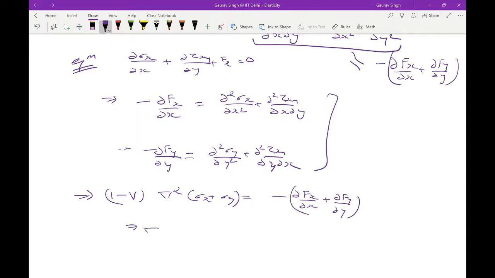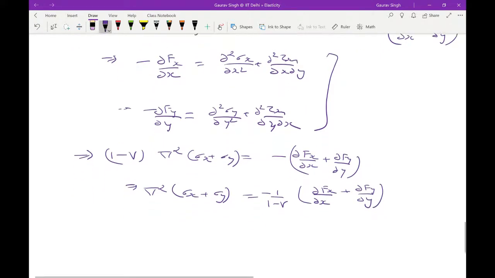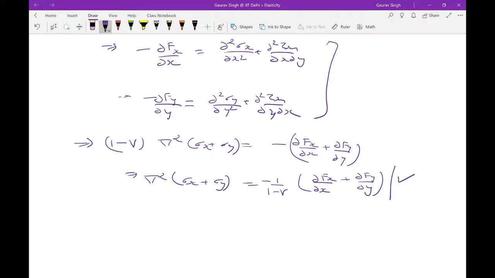This would mean that the Laplacian of sigma x plus sigma y gives the Beltrami-Mitchell compatibility equation.